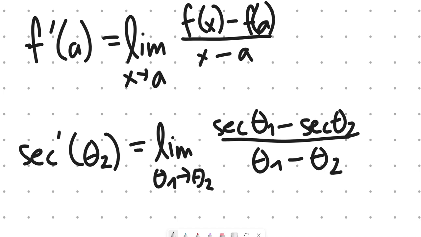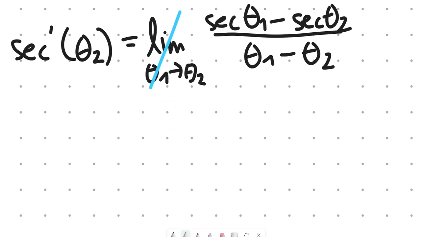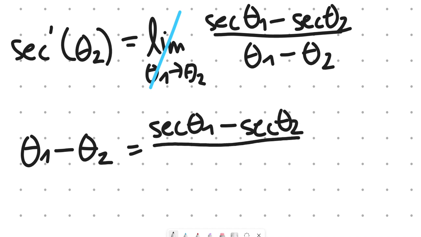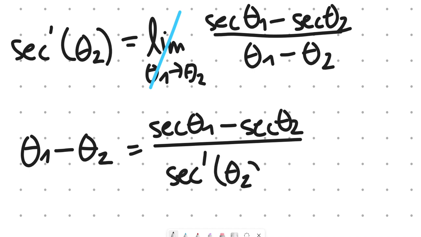Now, since h approaches 0, it is definitely true that theta 1 approaches theta 2, so we can actually ignore this limit and continue with our calculation. So with some algebraic multiplication and division, we can get that theta 1 minus theta 2, just swap them, is equal to secant theta 1 minus secant theta 2 all over the derivative of secant at the point theta 2.